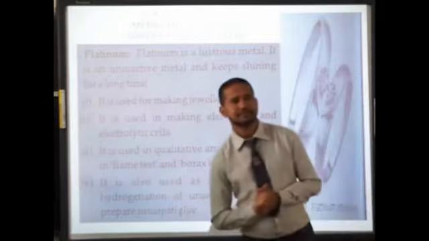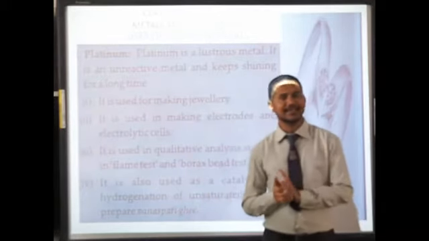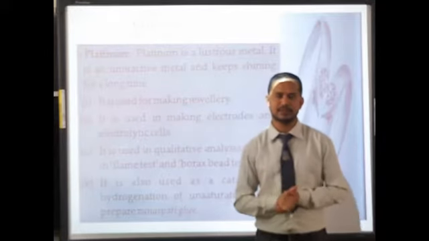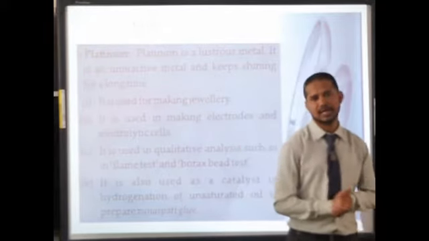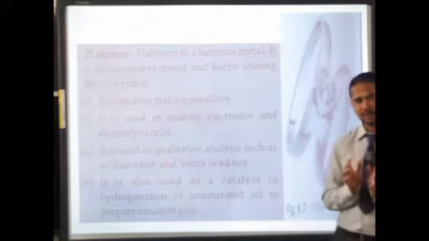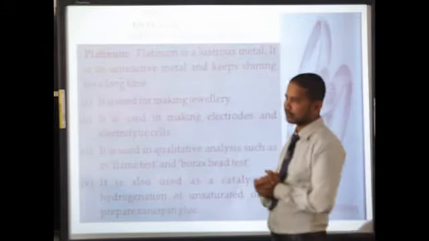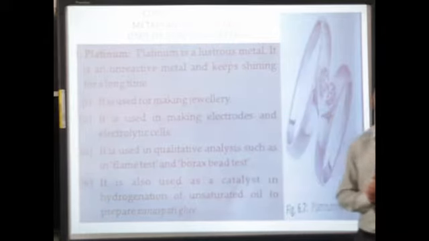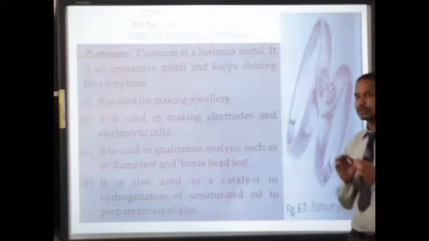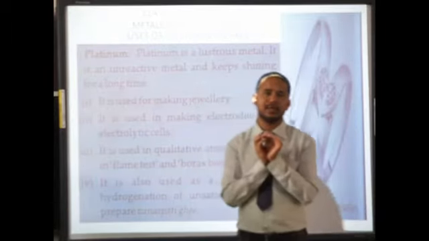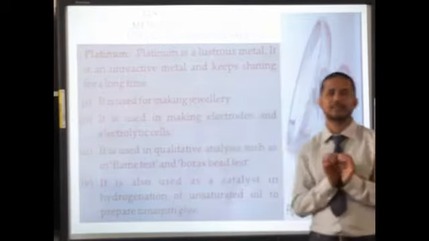This class we will be learning about some more metals which we use in our daily life. I hope you are going through your book, going through the uses of different metals. Today, the first metal whose use we'll be learning is platinum.